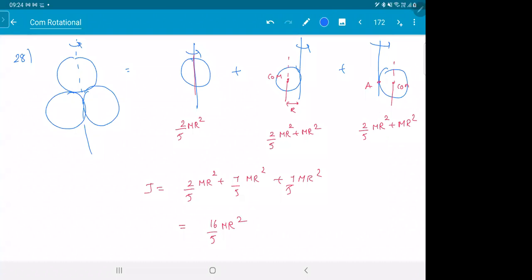Any doubts in this, please ask me. So you can treat each sphere separately, find each sphere's moment of inertia and just add them up. For the upper sphere, the axis is passing through the center. For the bottom two spheres, it is passing through the tangent. If I name them now, A, B, C. This is for A, this is for B, and this is for C. So IA, IB, IC, add them separately.